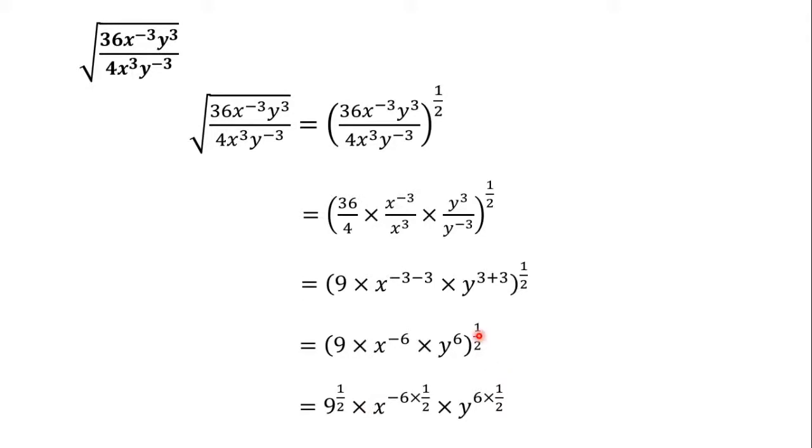So in doing that, we are going to have 9 exponent 1 over 2 times x exponent minus 6 times 1 over 2. Because we have minus 6 here, when you give the half to this, it's going to multiply the minus 6. So x exponent minus 6 times 1 over 2 times y exponent 6 times 1 over 2.